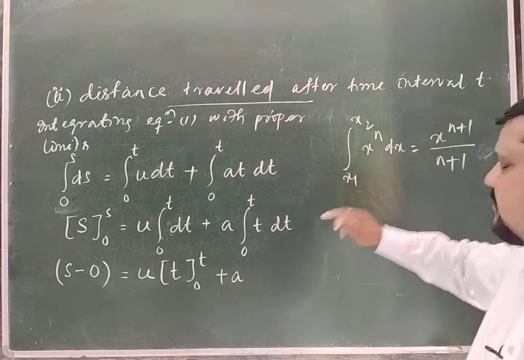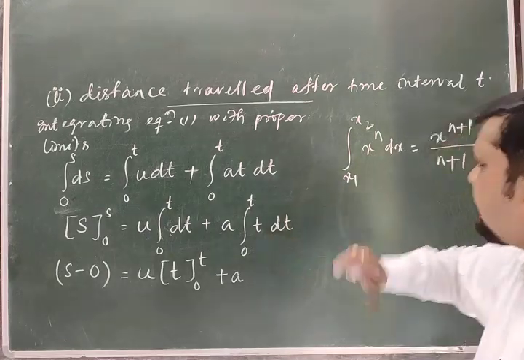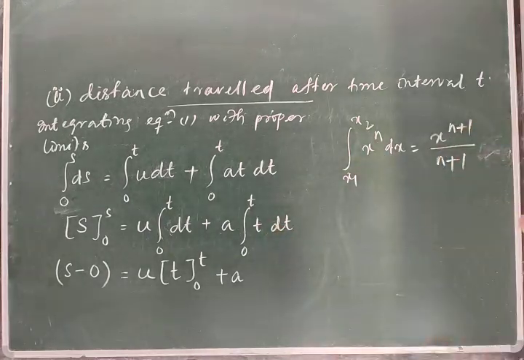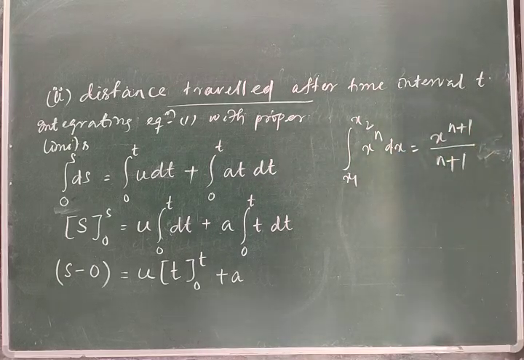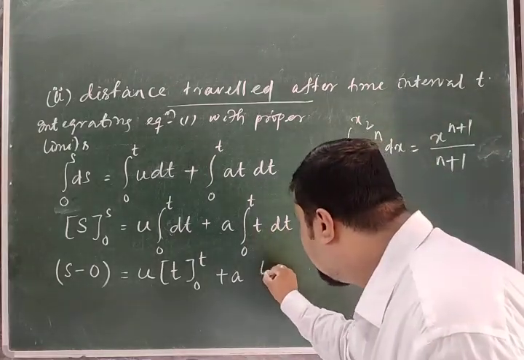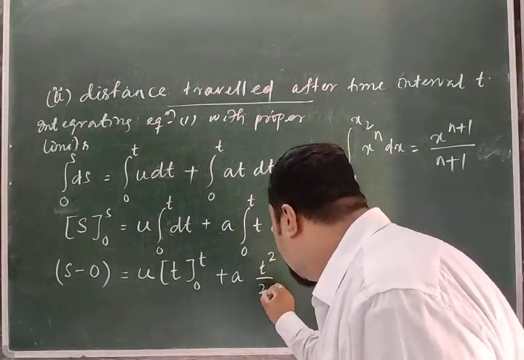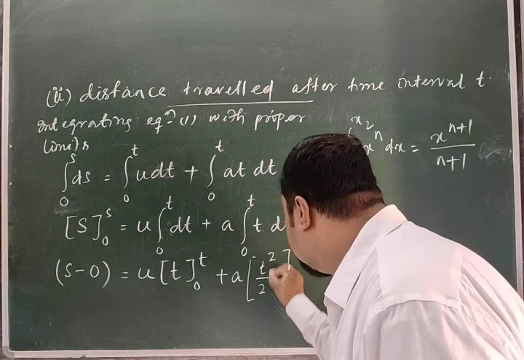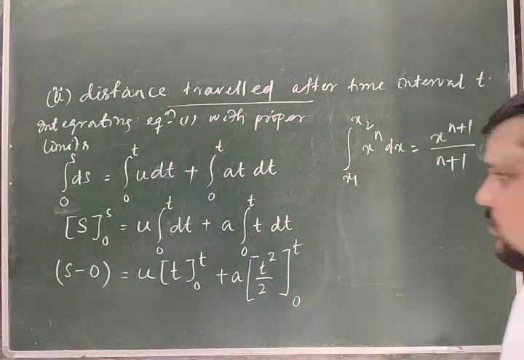So according to this formula, in place of x it is t, in place of n it is 1. So where there is x, put t, where there is n, put 1. So t dt means t to the power 1 plus 1, that is t square by 2 with limits 0 to t.